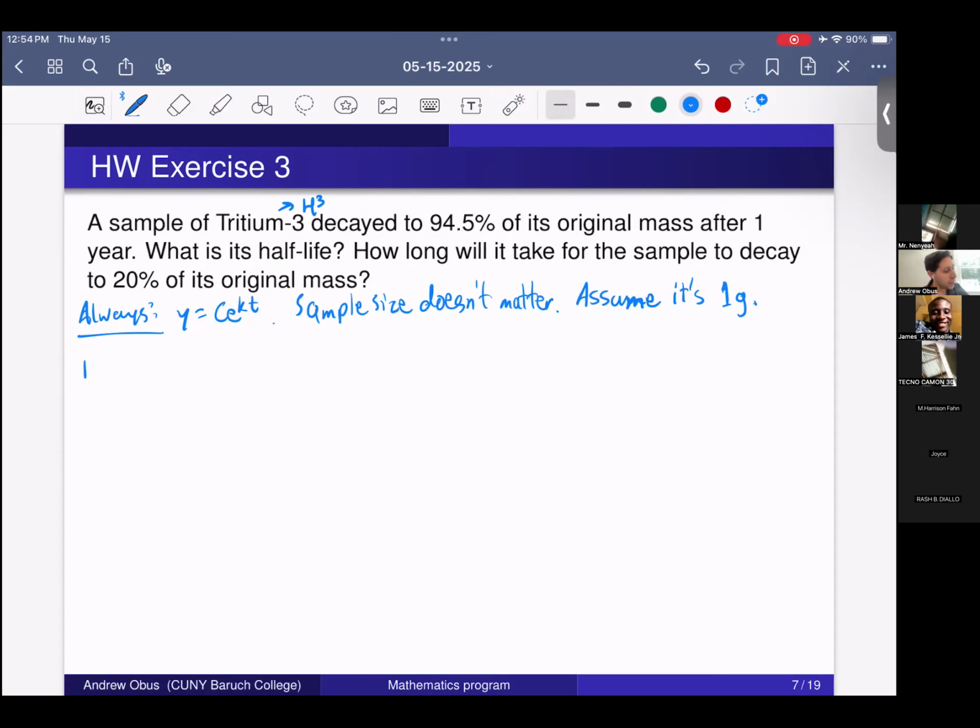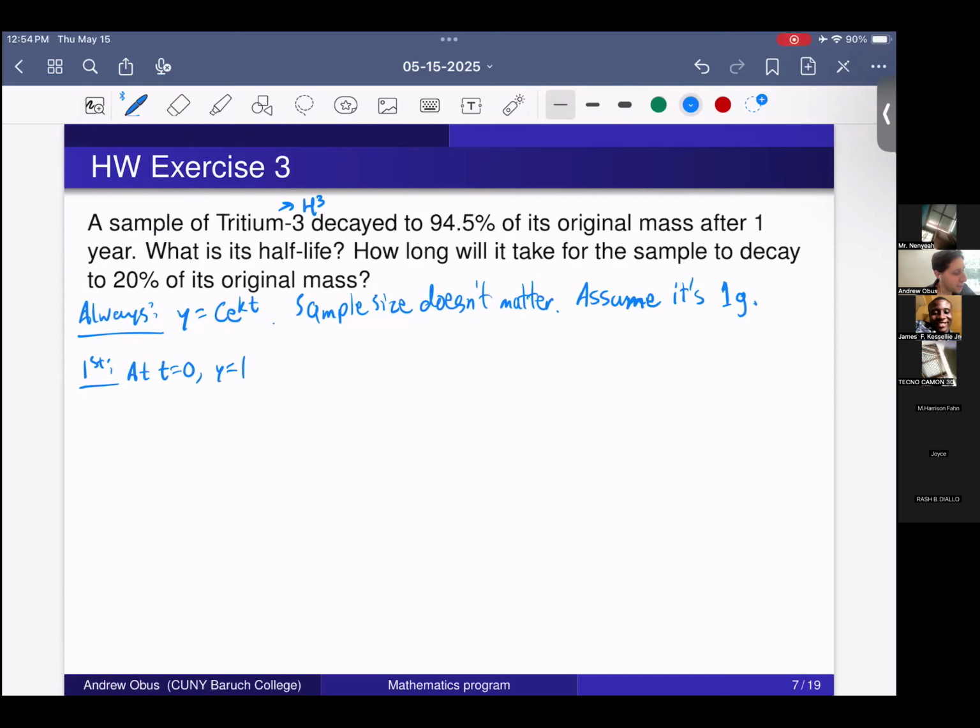So what this tells us is the first piece of information. This tells us that at t equals 0, y equals 1. The original sample size is 1 gram.